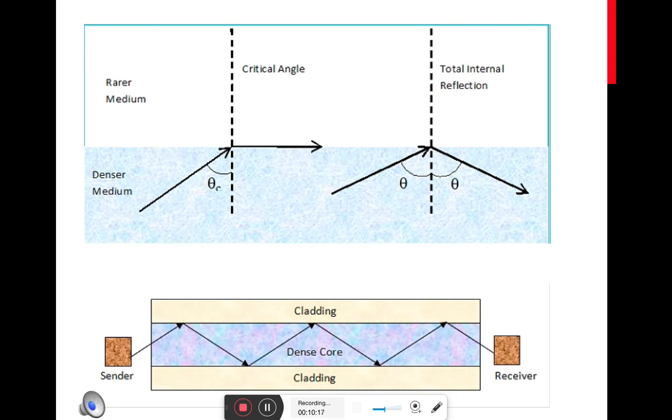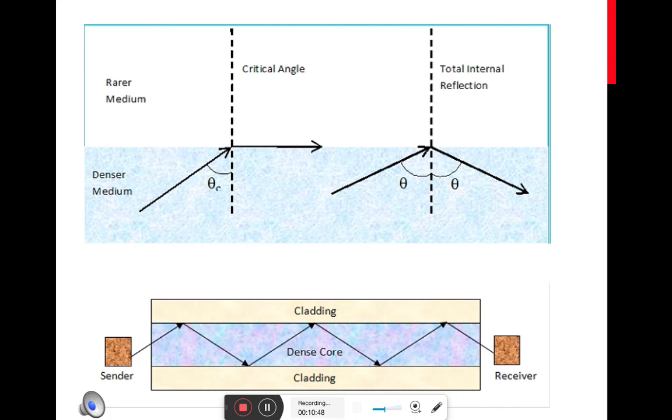The last figure at the bottom shows how a light is propagated through an optic fiber. This is an optic fiber. You have a dense core and a cladding. So here the denser medium is served by the dense core and the rarer medium is given by the rarer cladding medium. So when a light is incident on a denser medium, that is on the core, at an angle greater than the critical angle, the light will be reflected back to the same medium.